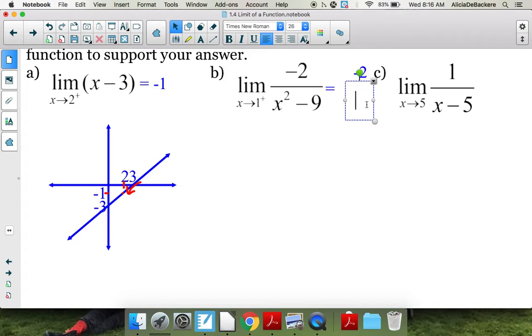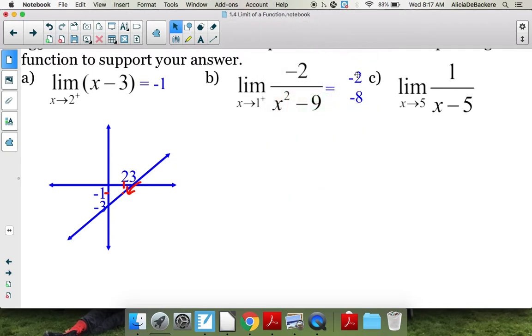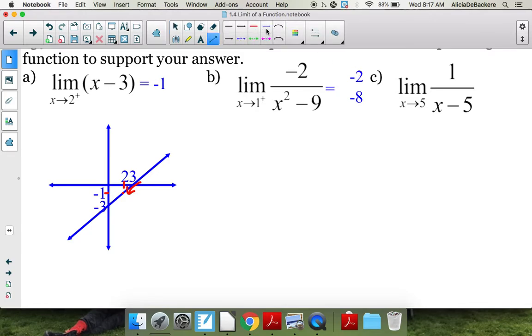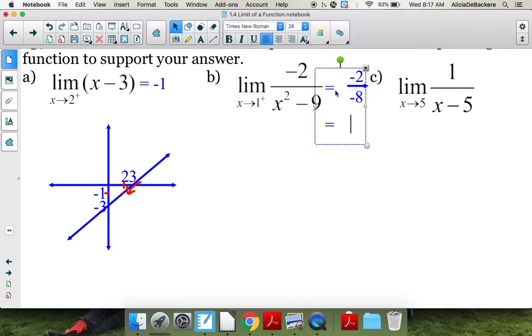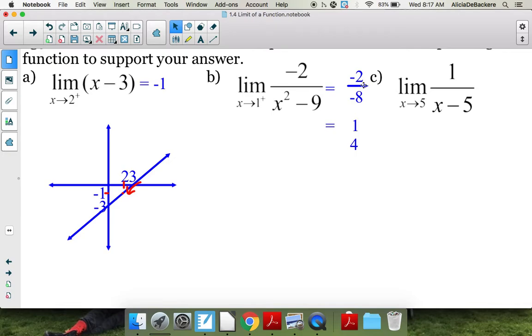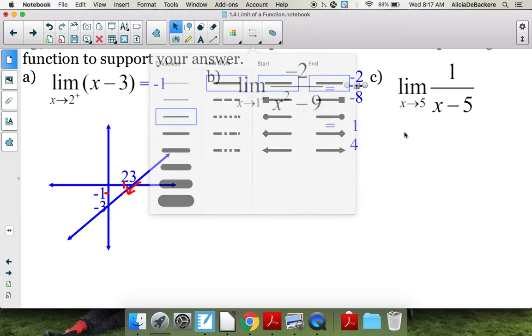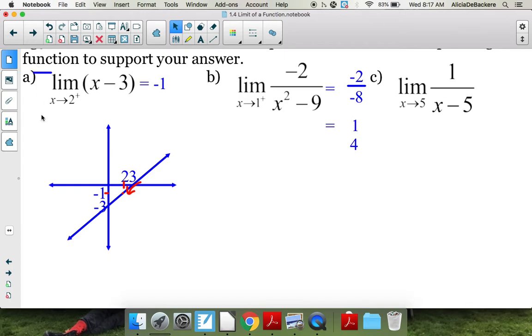We get negative 2 over negative 8, and of course this reduces to 1/4. So this is equal to 1 over 4.